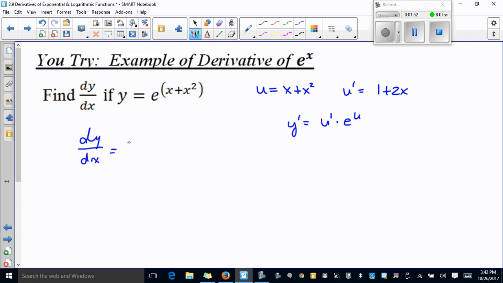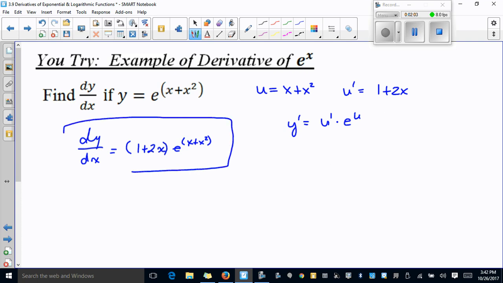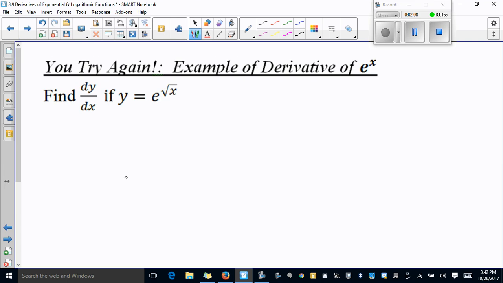Okay, next one. Remember, square root of x is just x to the 1/2 power, so this is going to be e to the x to the 1/2 power. So we can say u equals x to the 1/2 power, so u prime is 1/2 x to the negative 1/2. Rewritten, it is 1 over 2 square root of x. y prime is u prime times e to the u.